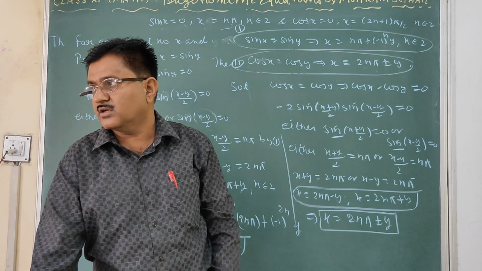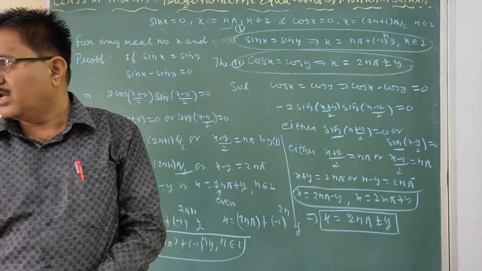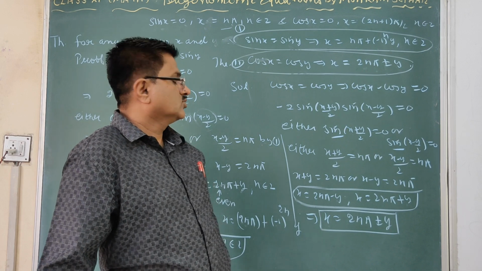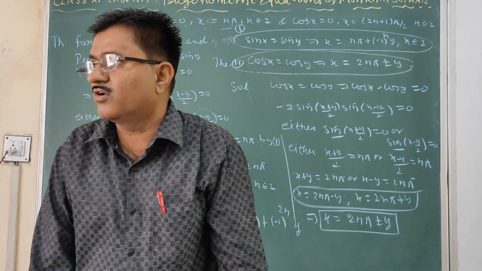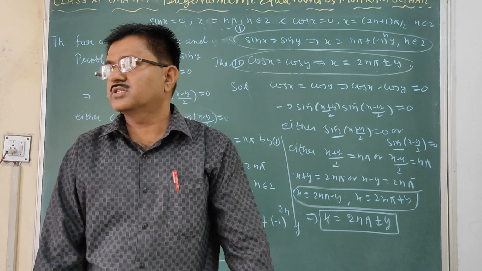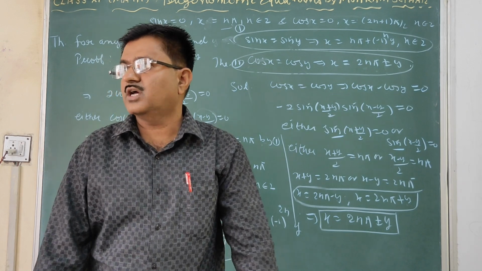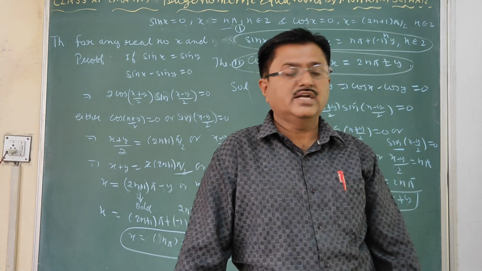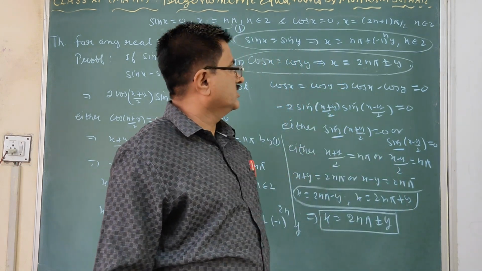In this way you get the values of the solution. So there are two types of solution for a trigonometric equation: the principal solution and the general solution. Clear? That's all about today's class.